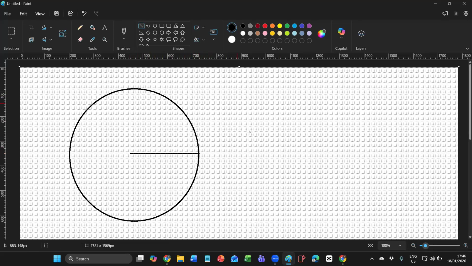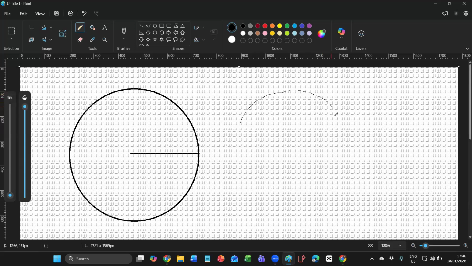Now, the protractor looks something like, let me see if I can quickly draw one. It looks something like this. If your protractor looks different from this, please let me know. This is the typical protractor I know. It has angles written all over it, on this side, on this side.